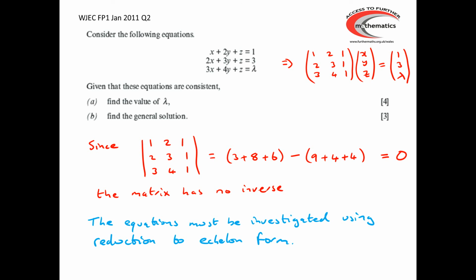The fact they are telling you that these equations are consistent should be suggesting to you that in all likelihood the determinant of the matrix is going to be 0. The fact they haven't asked you to think about the matrices in this question ought to be suggesting a solution by reduction to echelon form.